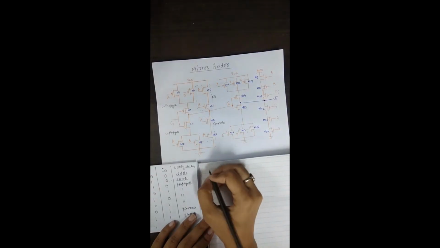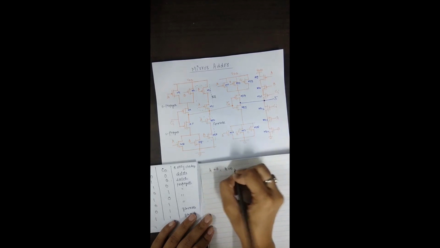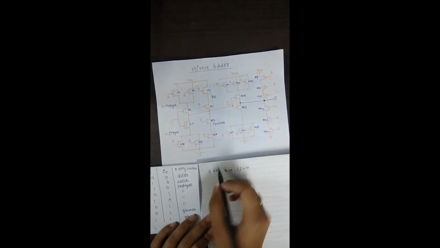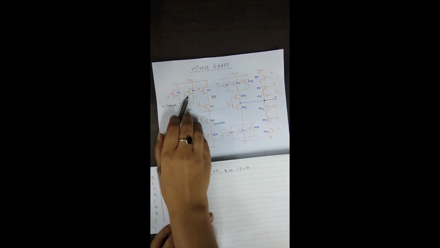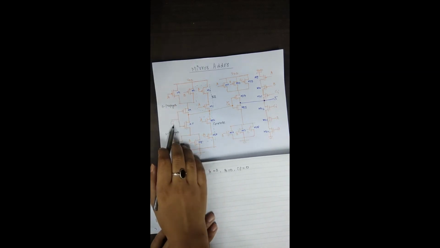Firstly, we will consider A equal to 0, B equal to 0, and also Ci equal to 0. Whenever A is equal to 0, B is equal to 0 and Ci is also equal to 0, this implies that M1 will be on, M2 is also on, and M3 and M5 are also on.